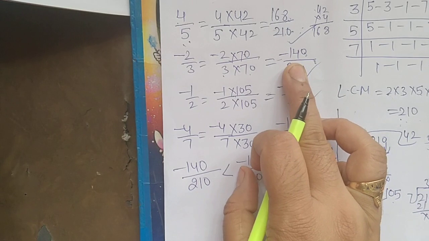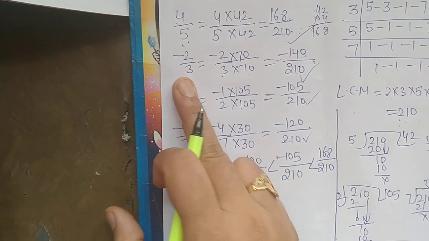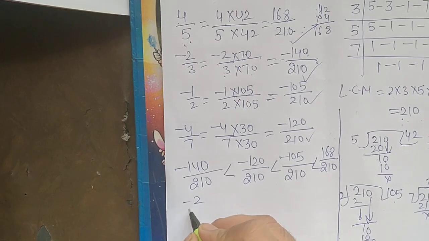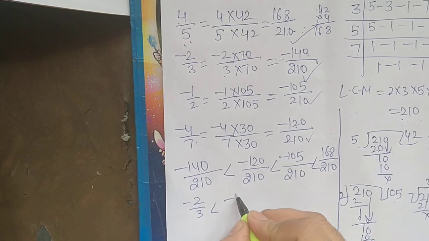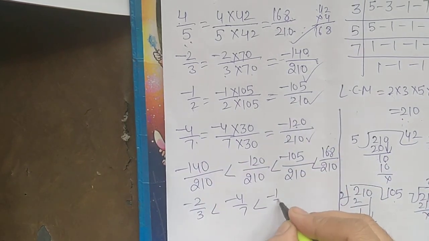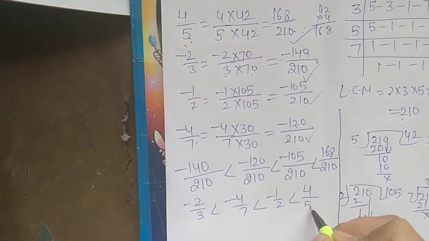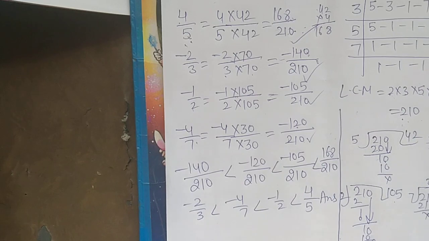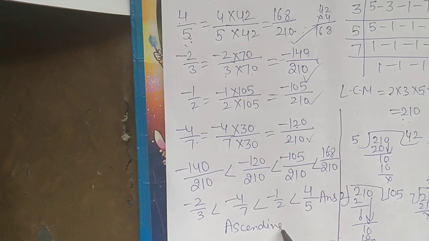So 140, its standard form was minus 2 upon 3. So we will write minus 2 upon 3 less than minus 4 upon 7, next is minus 1 upon 2 and 4 upon 5. This is your answer. This is in ascending order.